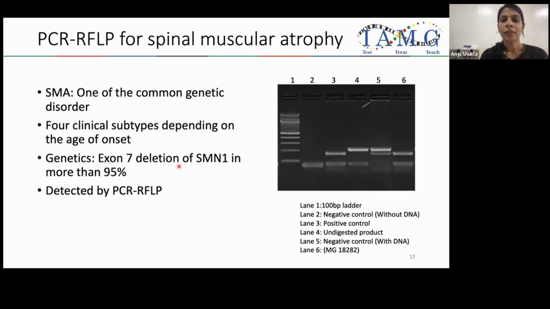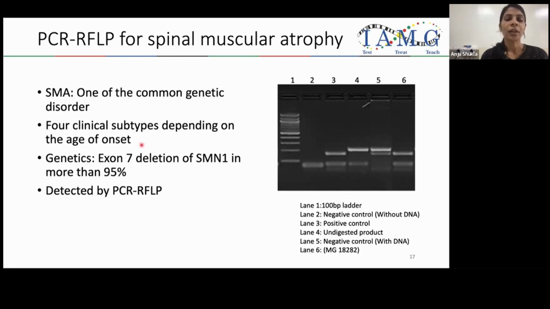So PCR RFLP is till now used as one of the common tests, and a very robust and simple test for detection of a common disorder, that is spinal muscular atrophy. There are 4 clinical subtypes of spinal muscular atrophy, although type 1, which is the infantile form, is a very common cause of a floppy infant or a floppy baby and starts at almost 2 to 3 months of age.